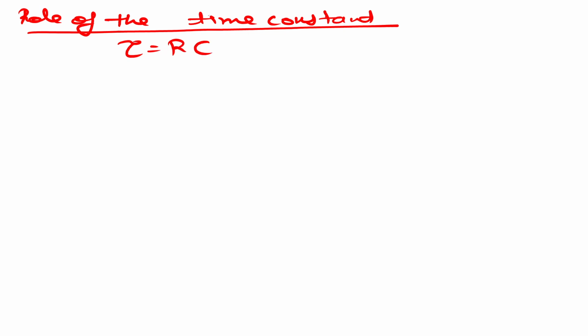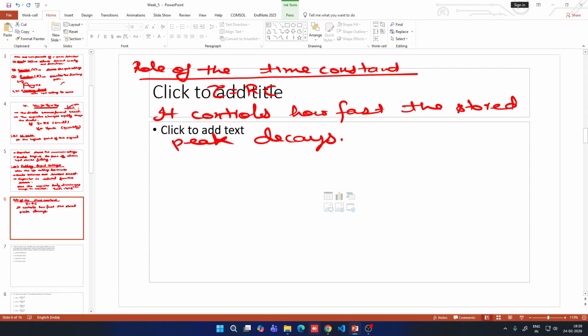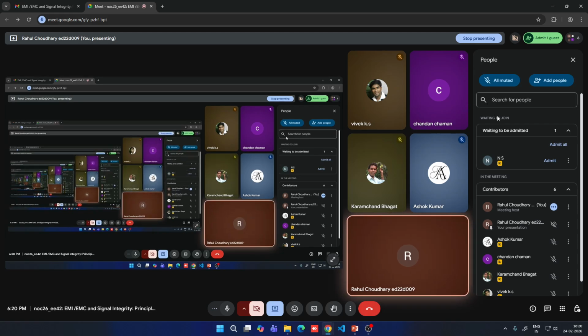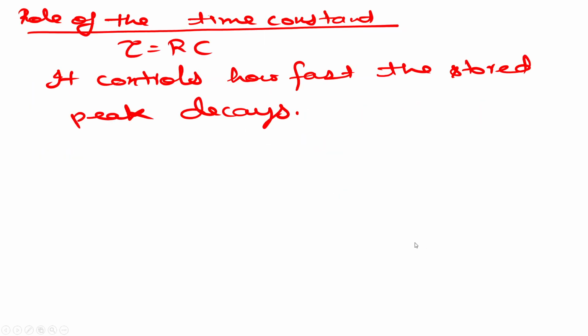It controls how fast the stored peak decays. So this time constant controls how fast the peak decays.